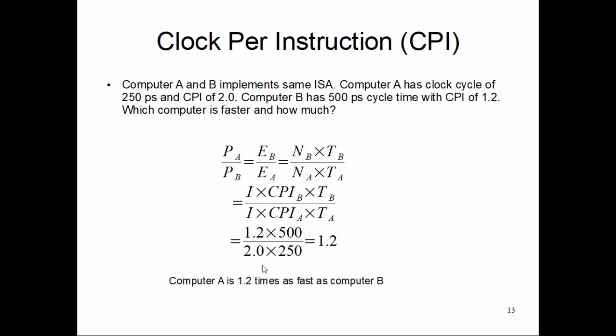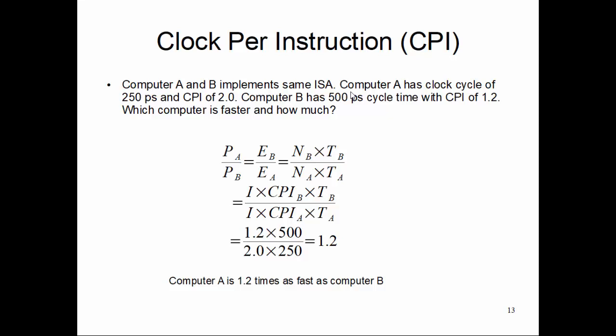So our answer: computer A is 1.2 times faster than computer B, even though computer B is 2 times slower actually. So I think I mentioned that computer B has a higher frequency, which is not true, right?